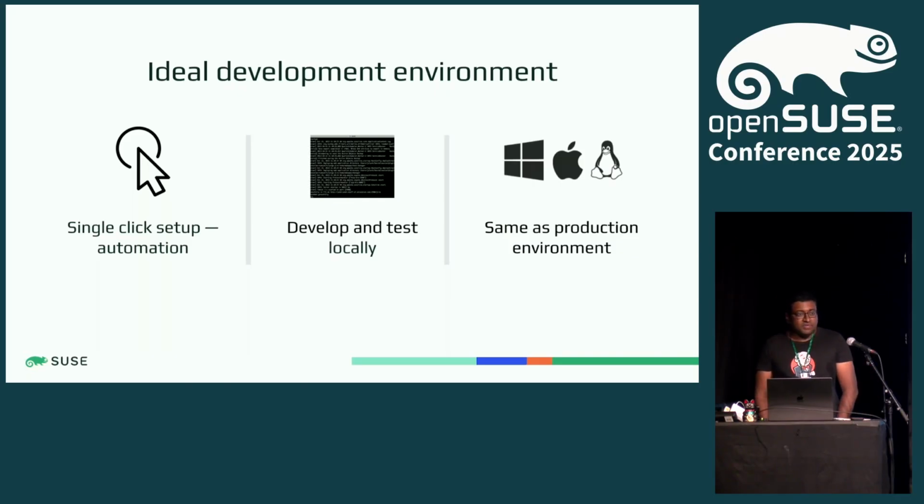We feel a developer should be empowered to start coding from day one, instead of trying to set up everything on their own, looking up documentation. And more importantly, if a feature is developed locally, they should be able to test it locally. Most of the time that doesn't happen in an end-to-end scenario, where they write some unit tests and run them, but an end-to-end test is a real pain, okay?